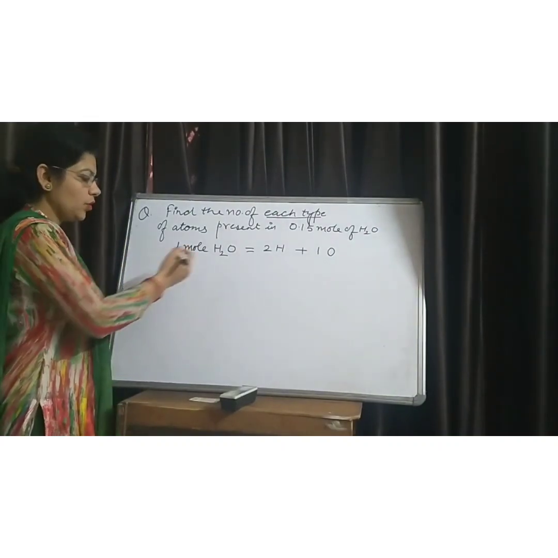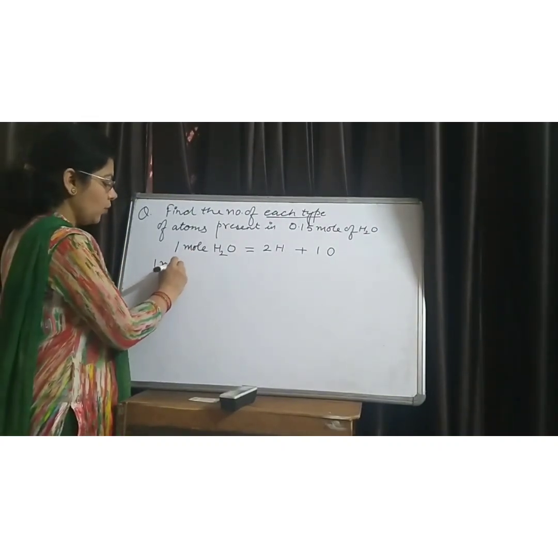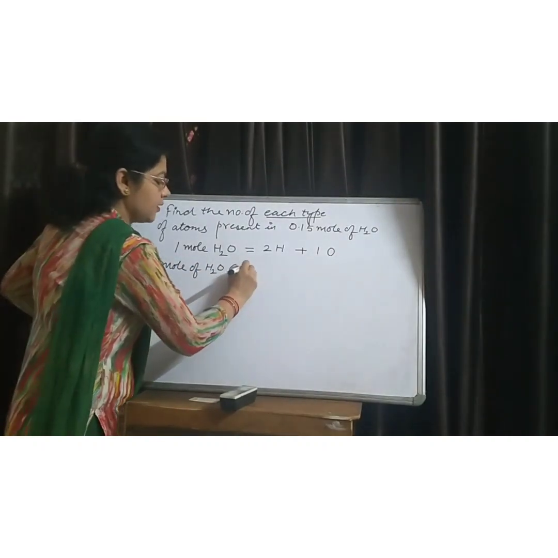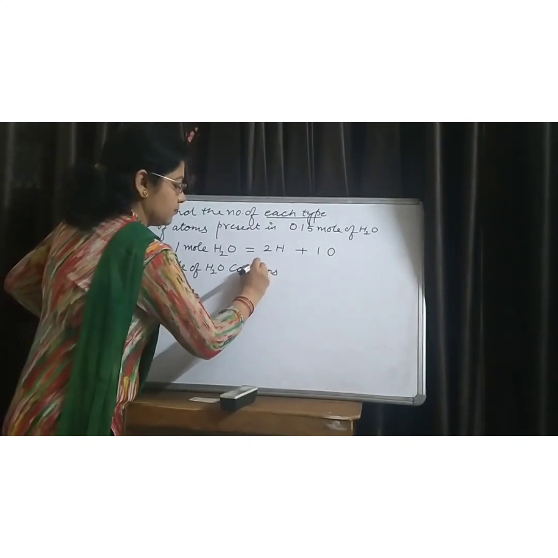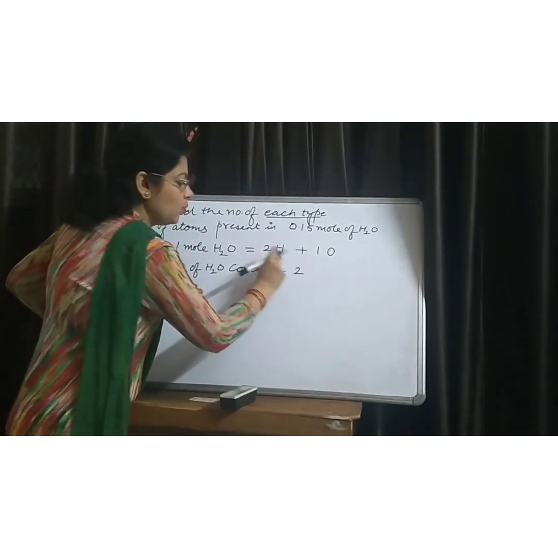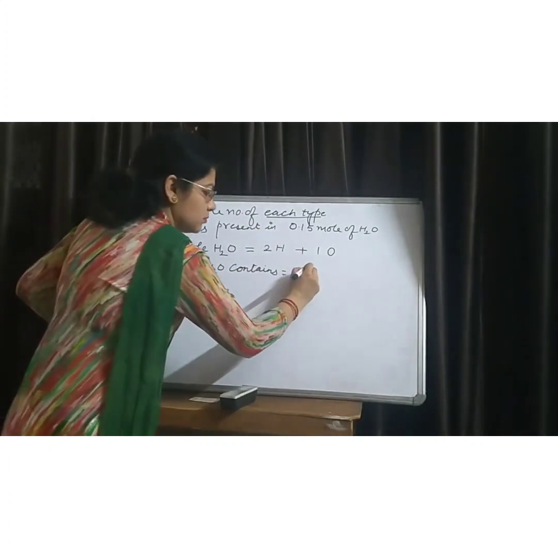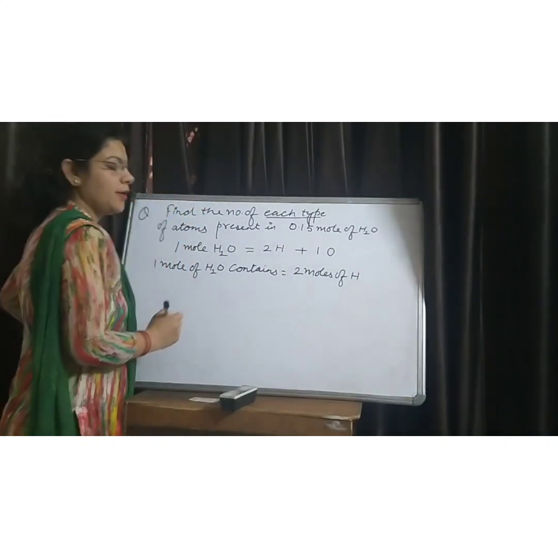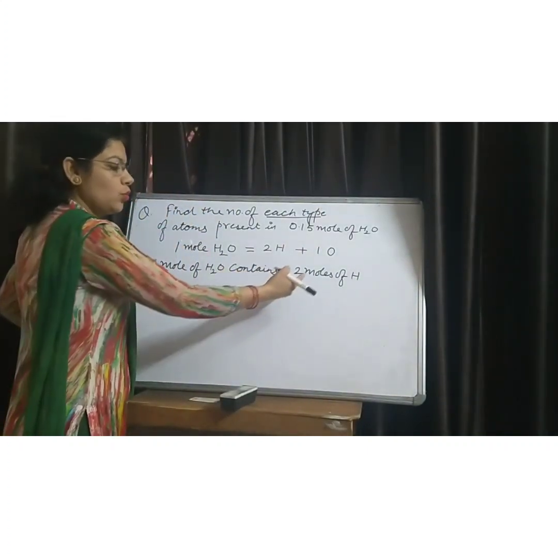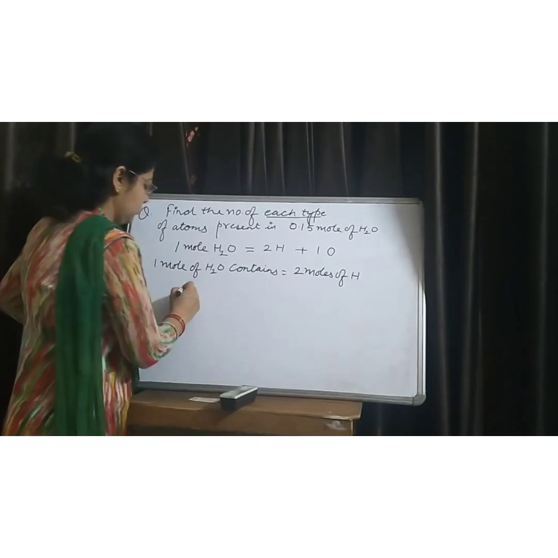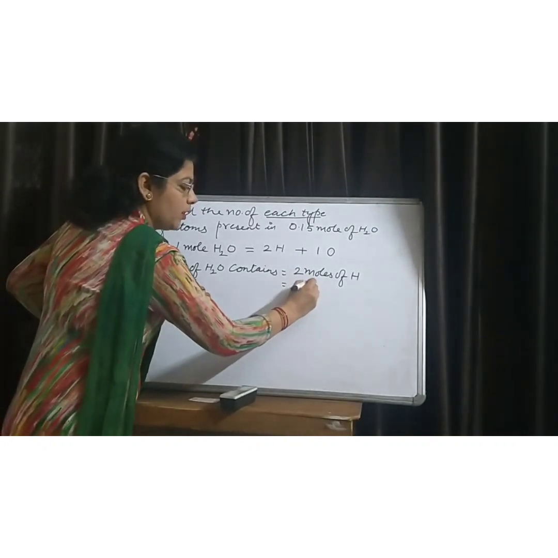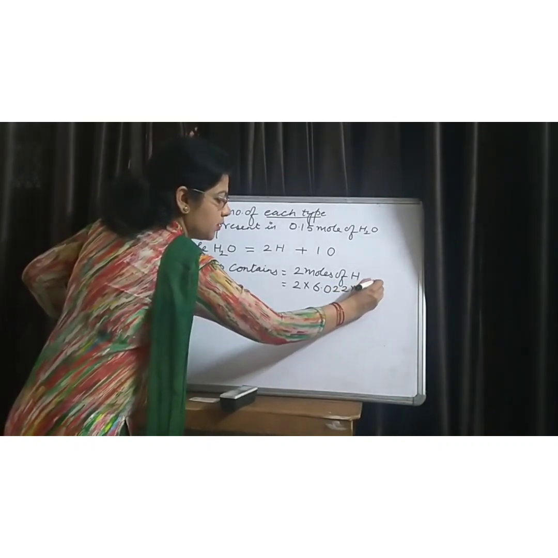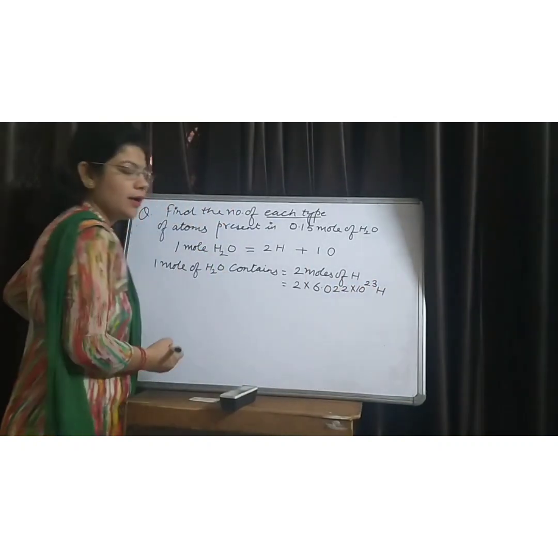For this, we know that 1 mole of water contains 2 moles of hydrogen atoms. 2 moles means 2 into 6.022 into 10 to the power 23 hydrogen atoms.